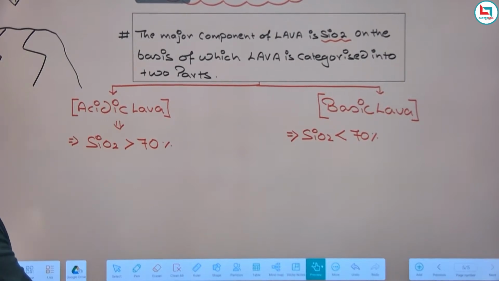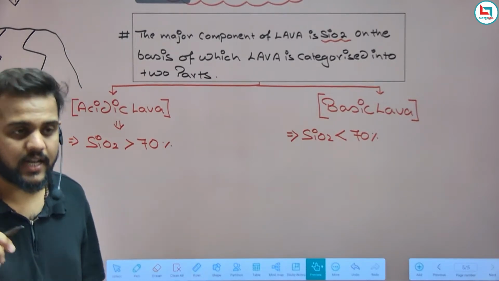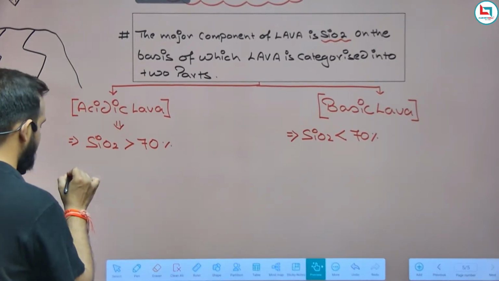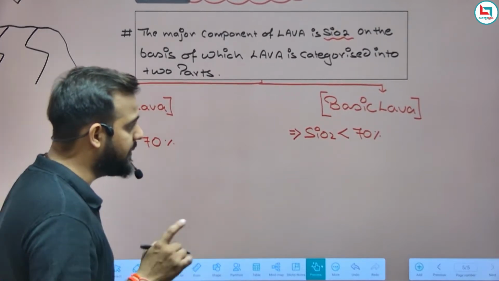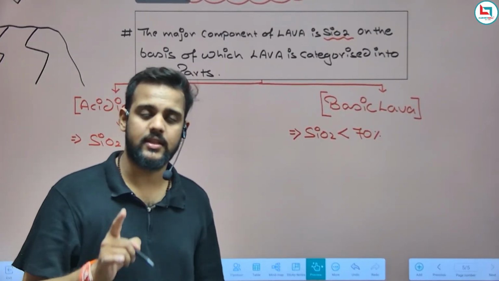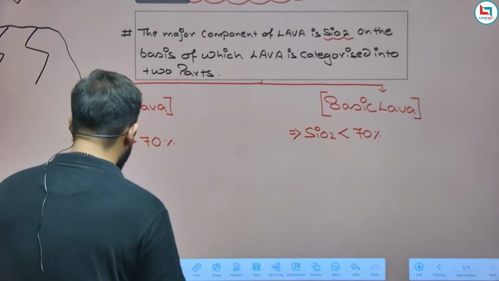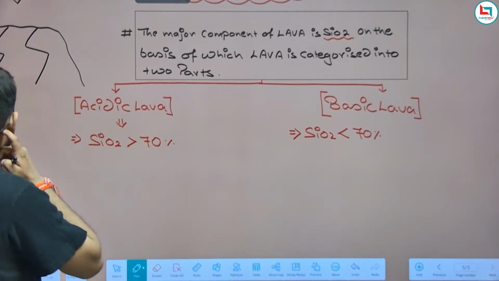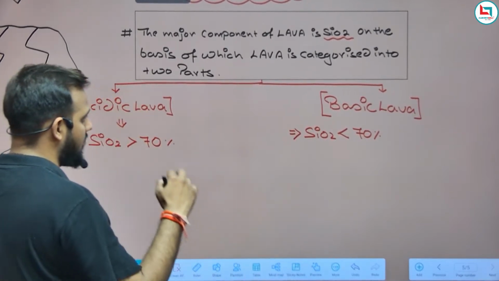After this, guys, acidic lava is in reddish brown color, and basic lava is in black color. Okay, so you can easily see the lava and say which lava is acidic and which lava is basic.